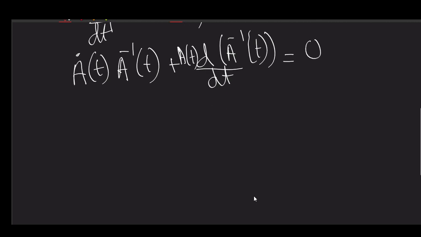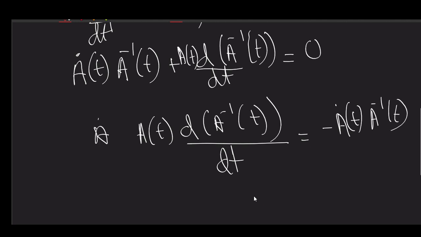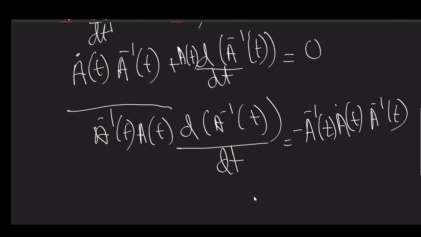So this is equal to 0. Now you will have A t d of A inverse t/dt equal to minus A dot t A inverse t. Now if you pre-multiply both sides with A inverse t, you will get d/dt of A inverse t equal to minus A inverse t A dot t A inverse t. This A inverse t A t will give you I. So basically you will have nothing here.